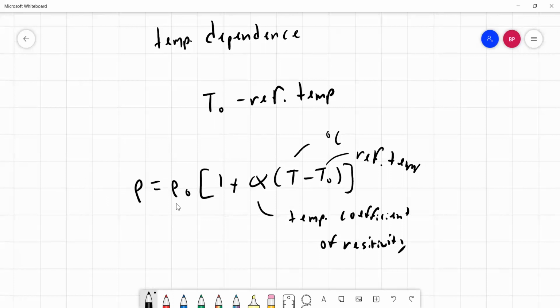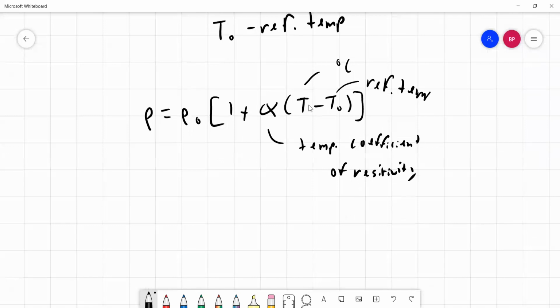Okay. And so what is this rho naught constant that we have out the front? Well, we can see if T is the reference temperature, then this part is 0. And so the resistivity just becomes this constant here. So the resistivity at the reference temperature is our rho naught.